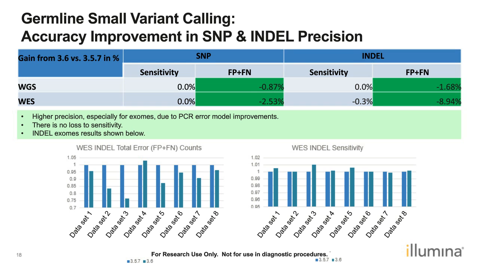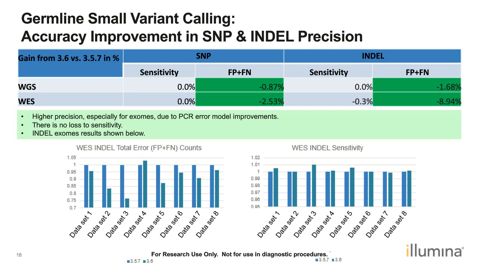And the improvement is seen to be much higher on our exomes. As you can see, the indel exomes especially, there is almost a 10% reduction in the FP plus FN count. And if you see the bar charts over here, we have looked at about 8 data sets for exomes, and we are plotting on the left side the indel FP plus FN, or the total error count, and you can see that going from 3.5 to 3.6, almost across all the samples we have a reduction, except there's one outlier here.